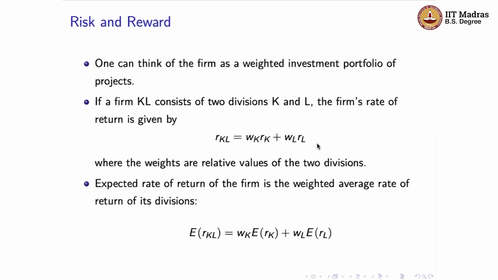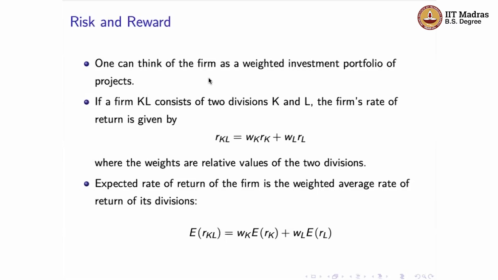Okay, let's look at some more applications of this concept of beta. So one can also think about how to, later on, value a firm. And so just to do some preliminary work, think of the firm as a weighted investment portfolio of projects, right?